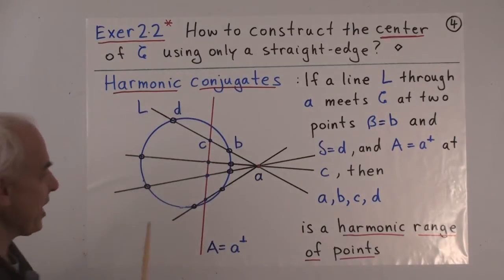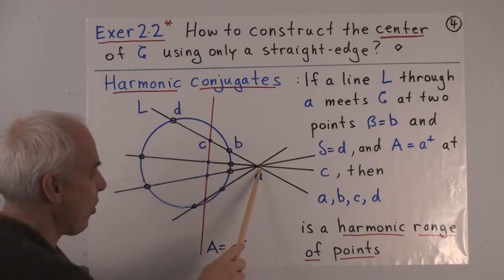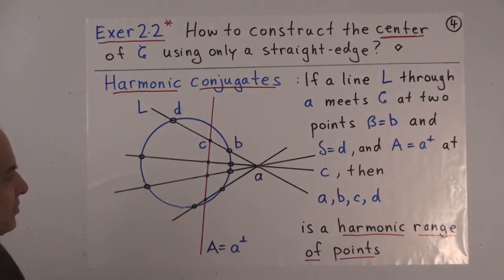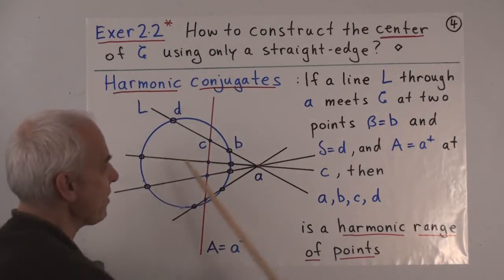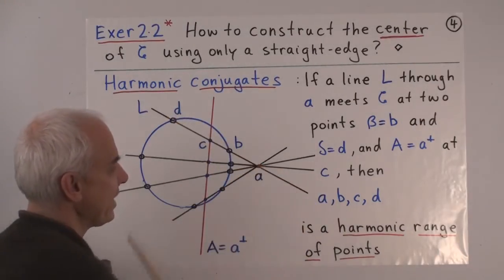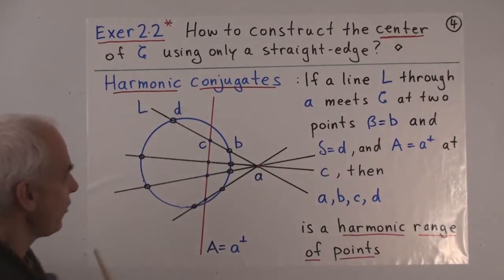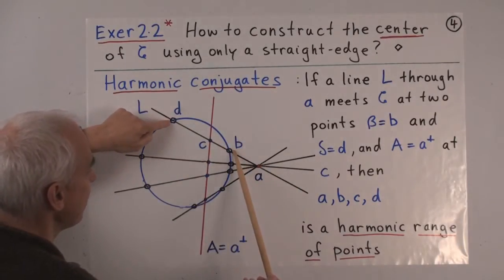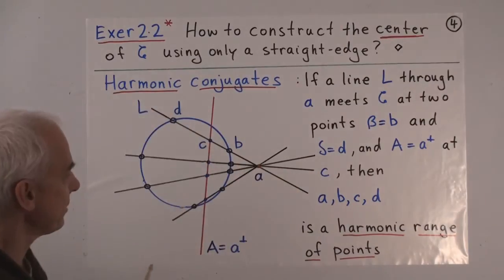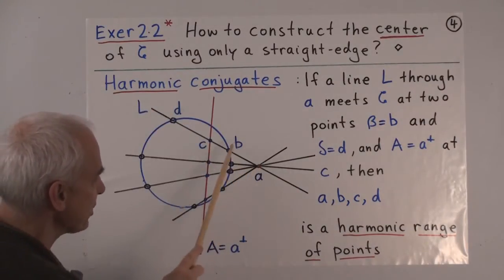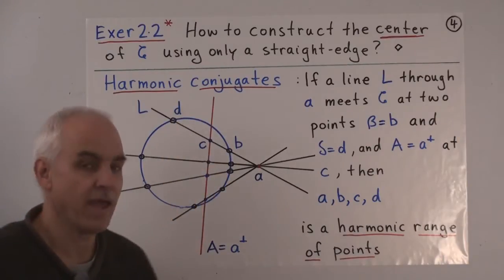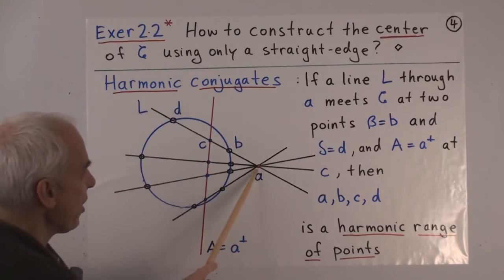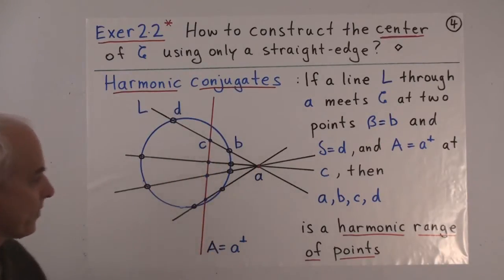That once we have our circle and the polar of a point A, right there, then there's a very interesting relationship made by the 4 points of any line going through A. So if we choose any line through A, then it meets the circle in 2 points B and D, and it meets the polar line in a point C. So these 4 points now, A, B, C, and D, have an interesting relation. We say that they are a harmonic range of points.